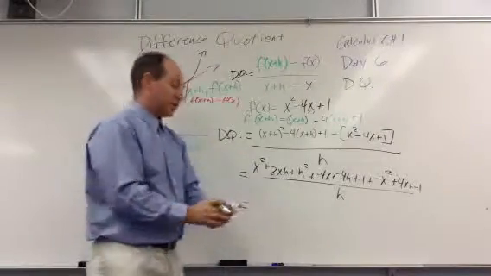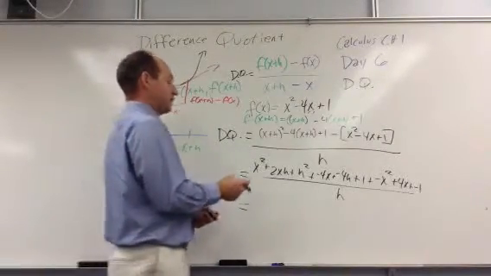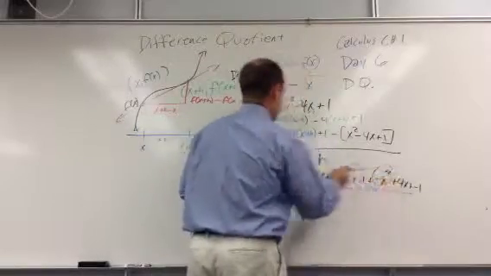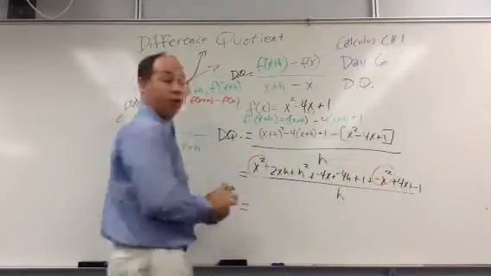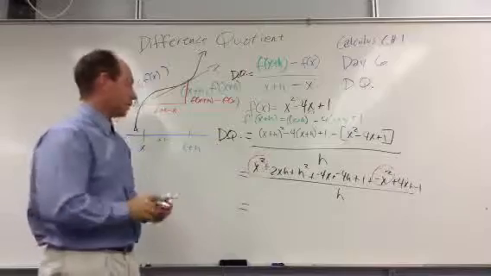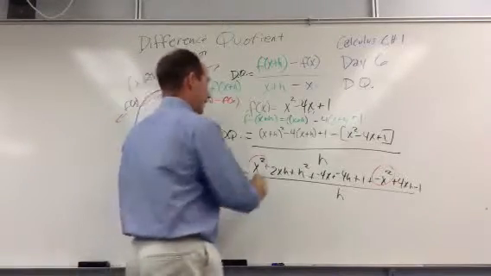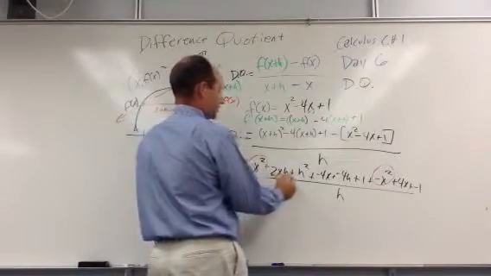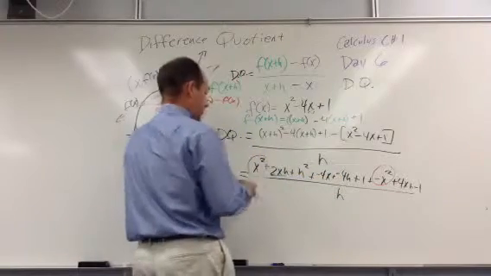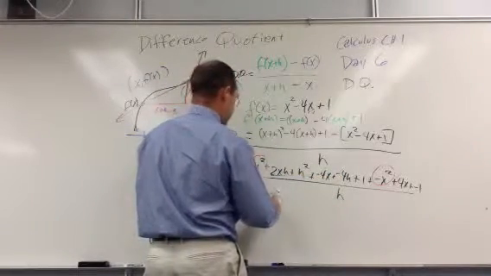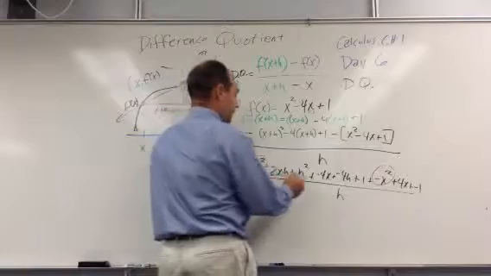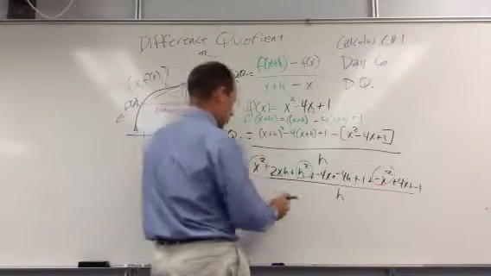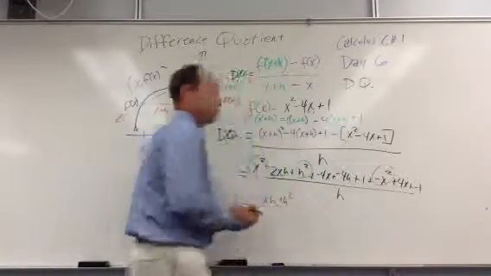Now we'll try and clean this up a little bit. So I want to add like terms. There's a negative x squared. There's a positive x squared. Ho, ho! The x squareds are gone. Okay, let's see. I have two xh's. Any other xh's? No. So we're going to have two xh's. All right. I have an h squared. Any other h squareds? No. So I have an h squared.